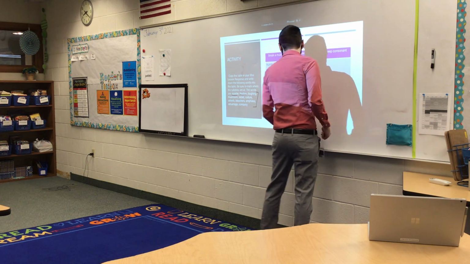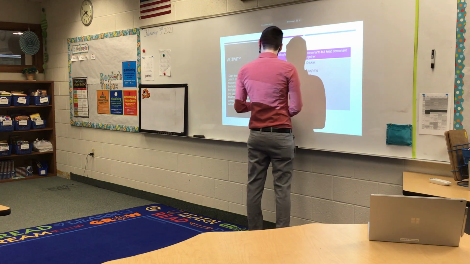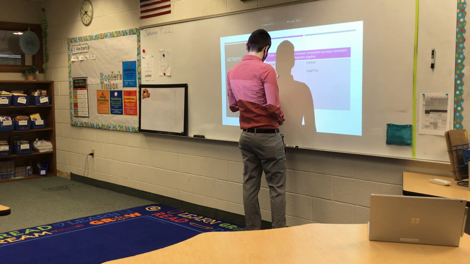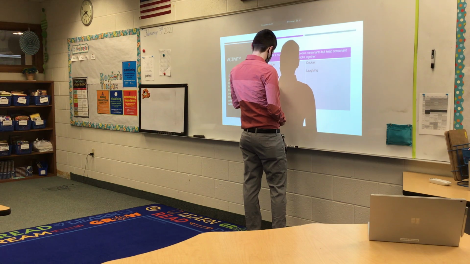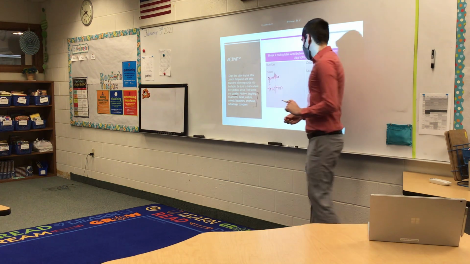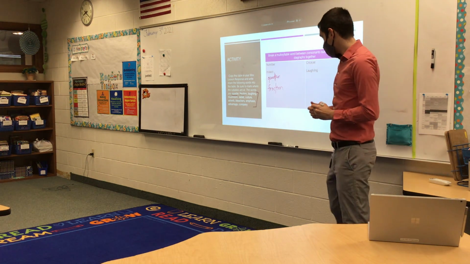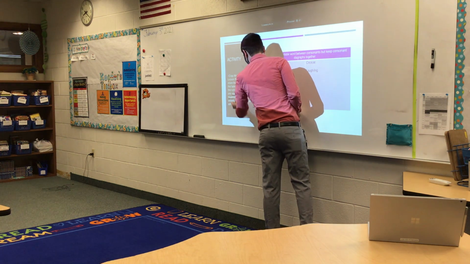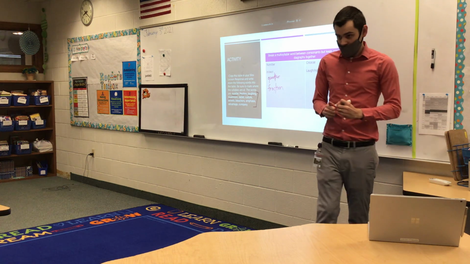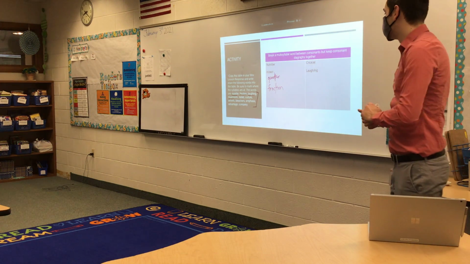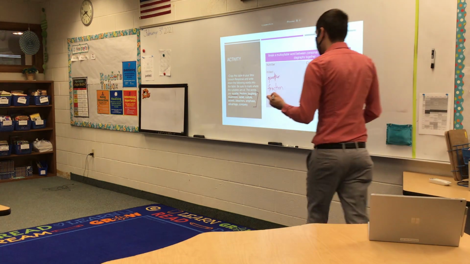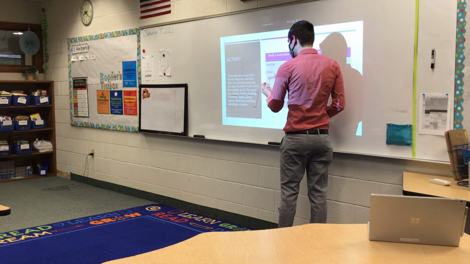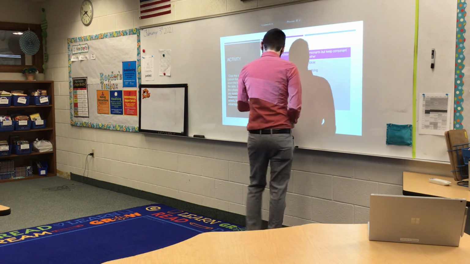Now I'm trying to write the word consonant instead of fraction. Okay. What about, well, we already have laughing, so we can just cut that one out. Mushroom. Where does mushroom belong, Lila? Yep.